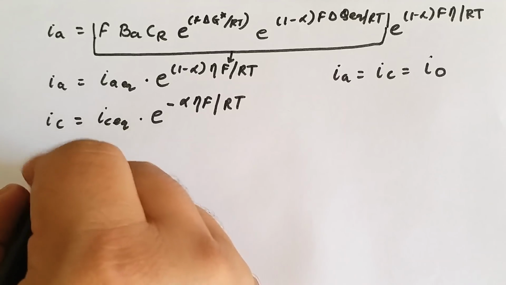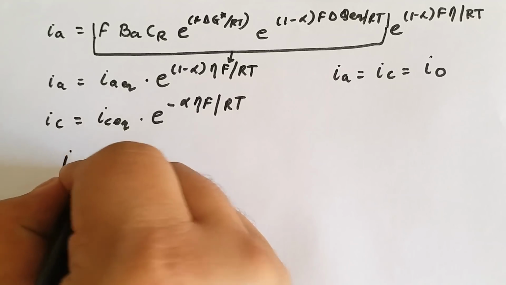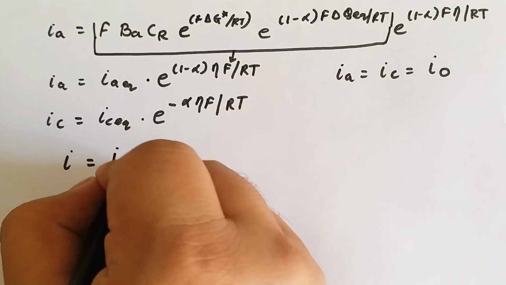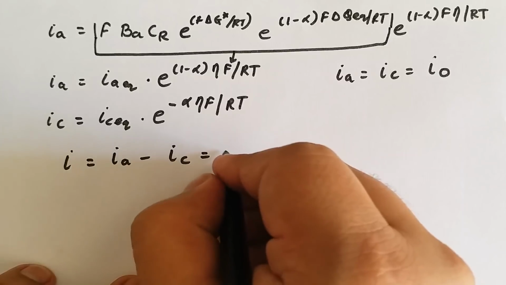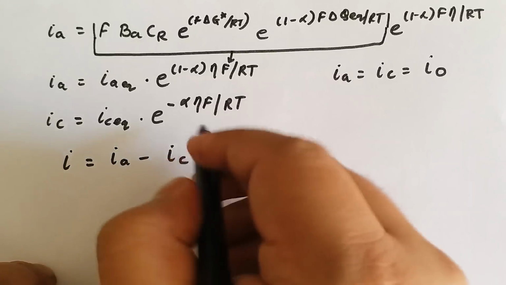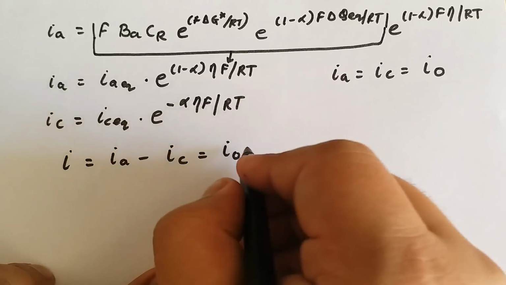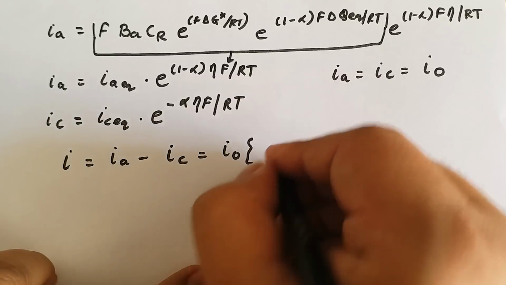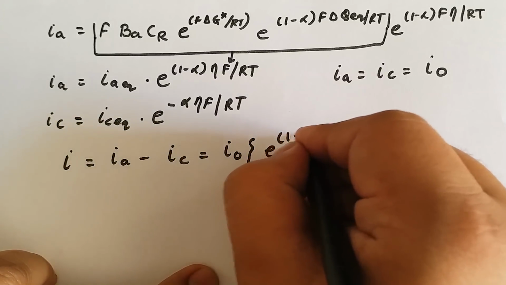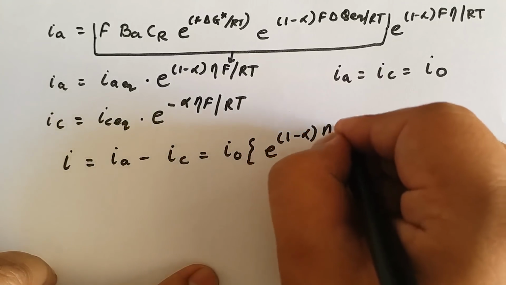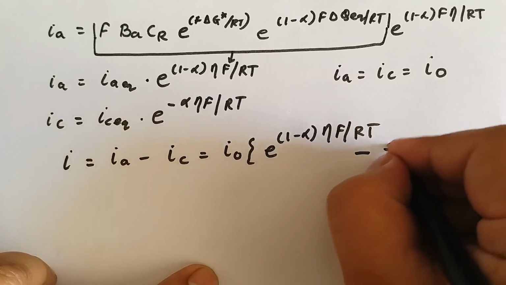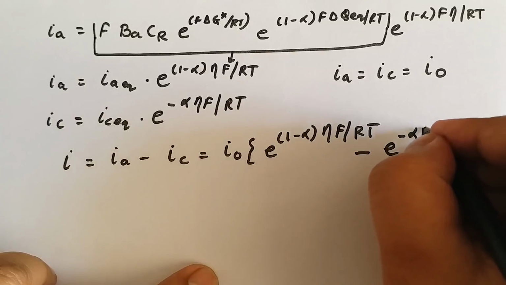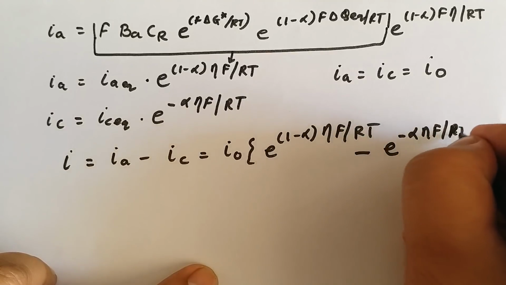Further, the current density i will be equal to, as we know, ia minus ic, and I can take i0 common out from both of these. Hence I can write i0 into e raised to (1 − α)ηF by RT minus e raised to minus αηF by RT.